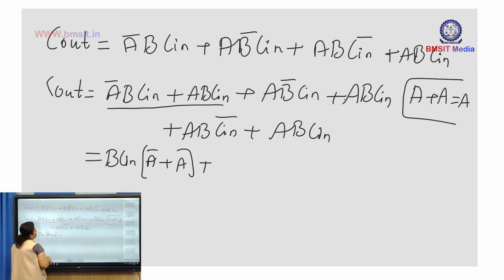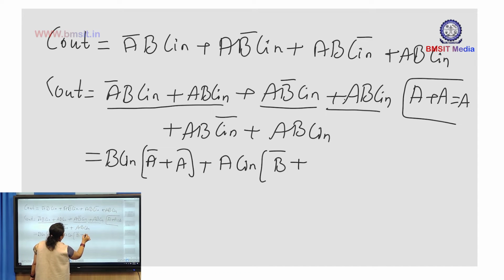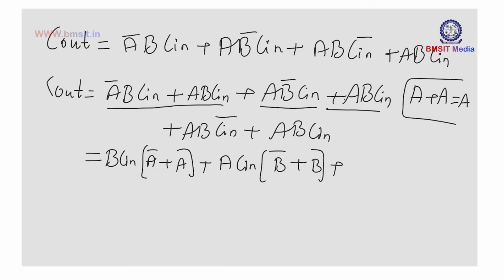Similarly, from the next two elements, we can take A C in as common. So we will be left with B bar plus B. Similarly, from the last two, we can take A B as common.